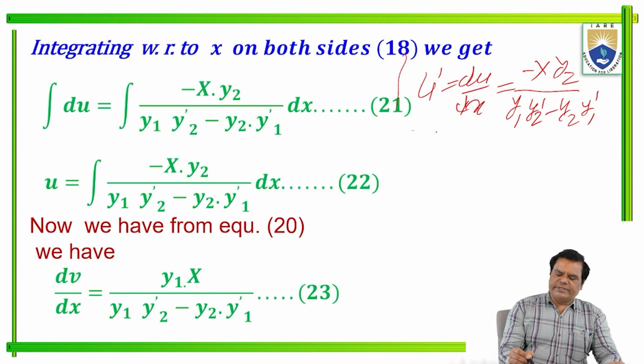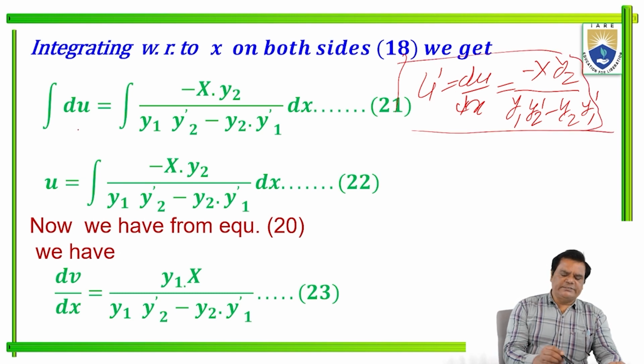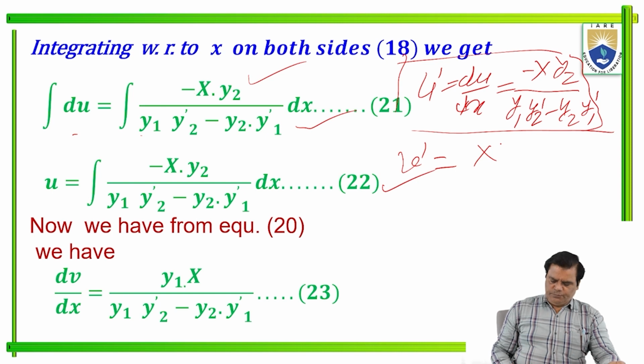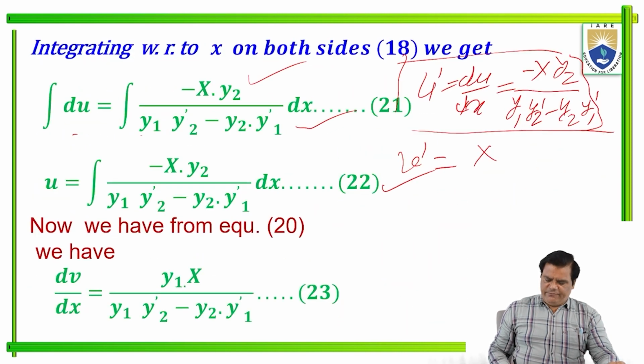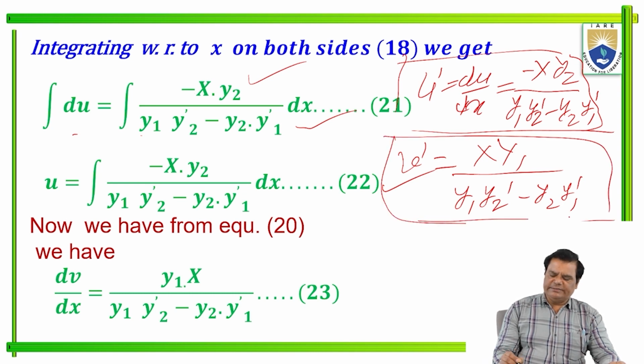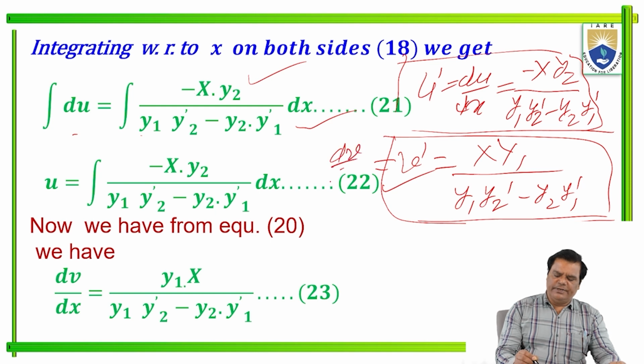Then integrating on both sides, we get this formula, minus x y2 upon y1 y2 dash minus y2 y1 dash, and u is equal to this. We can find u from this result. Now from equation 20, v dash is equal to x y1 upon y1 y2 dash minus y2 y1 dash. This v dash is dv over dx.